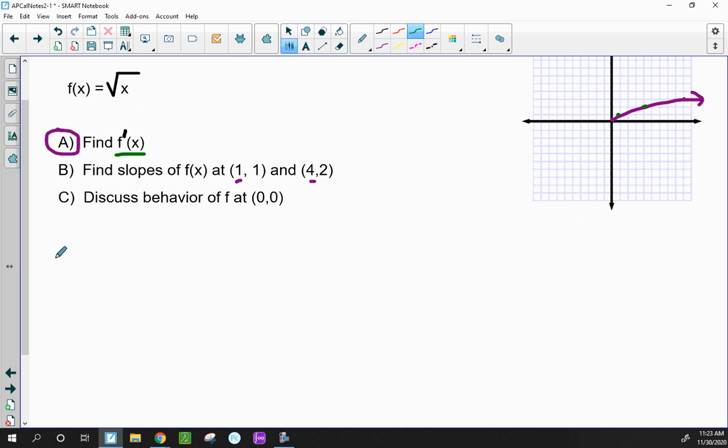Alright, so for part A, you would have to go through and actually do the definition of what we just did a second ago.